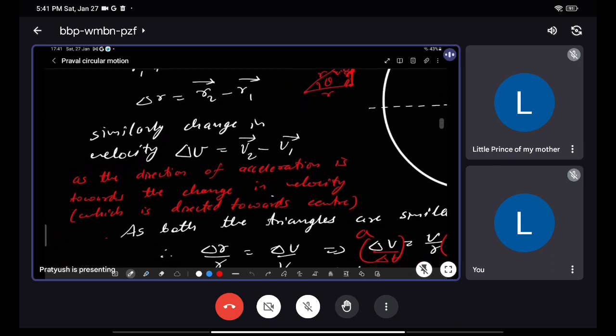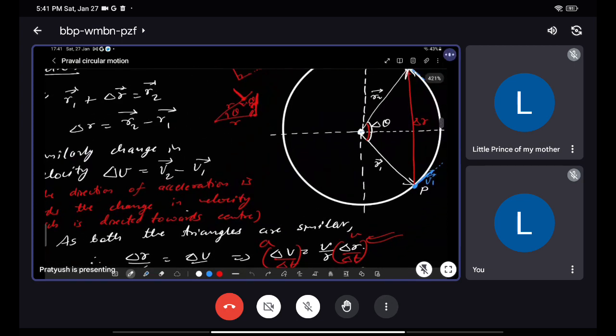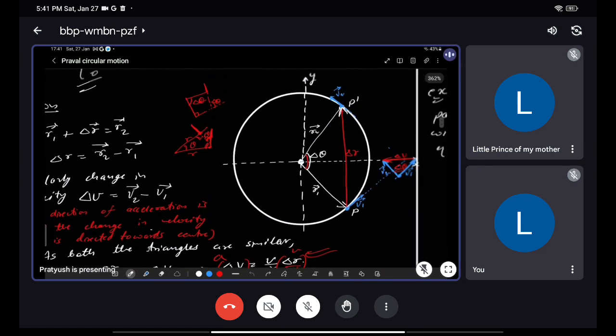As the direction of acceleration is along the change in velocity, which is directed towards the center, why is it directed towards the center? It is directed towards the center because both the triangles are similar. Now, why are these triangles similar? These triangles are similar because the angle between them is the same. The angle between the R1 vector and R2 vector is delta theta.